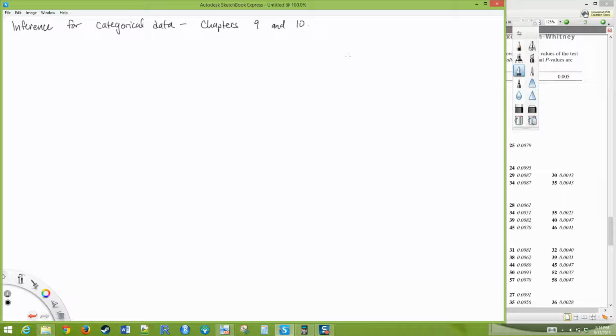Everything we've covered up until this point has been for numeric data with 1 sample or 2 samples. So in chapters 9 and 10 we talk about categorical data. Next week we'll go back to numeric data.